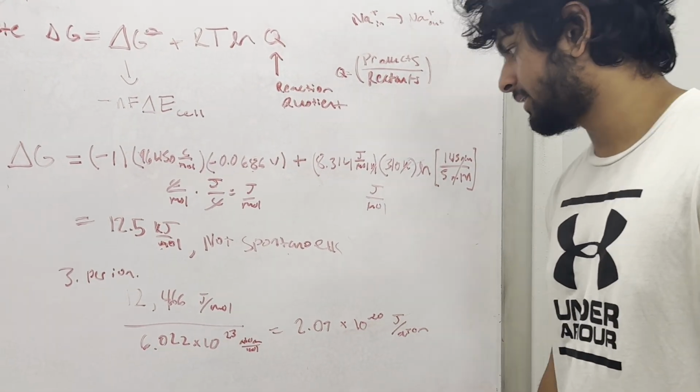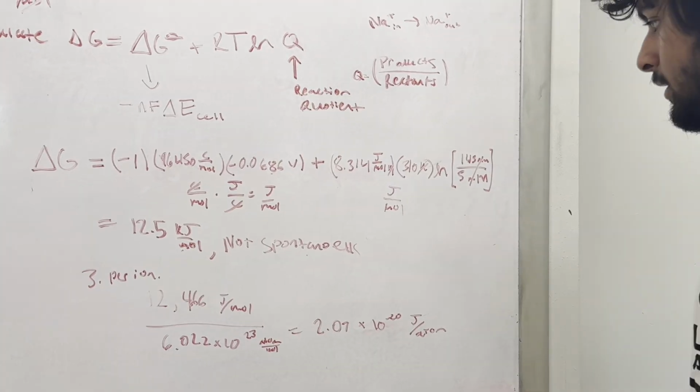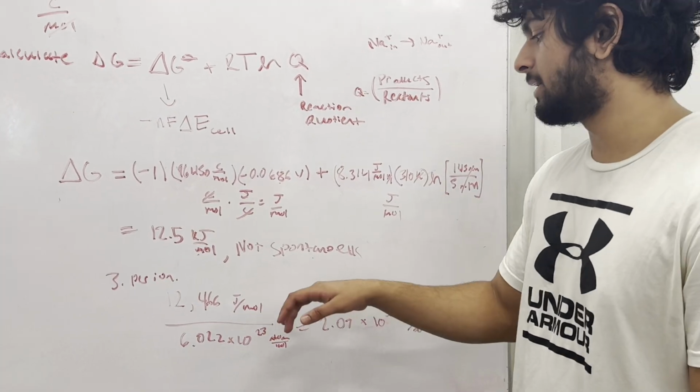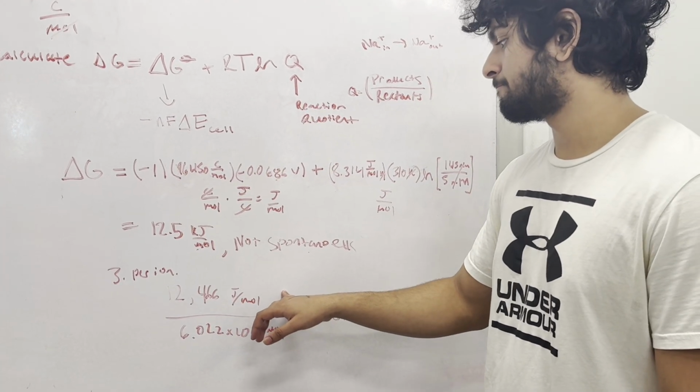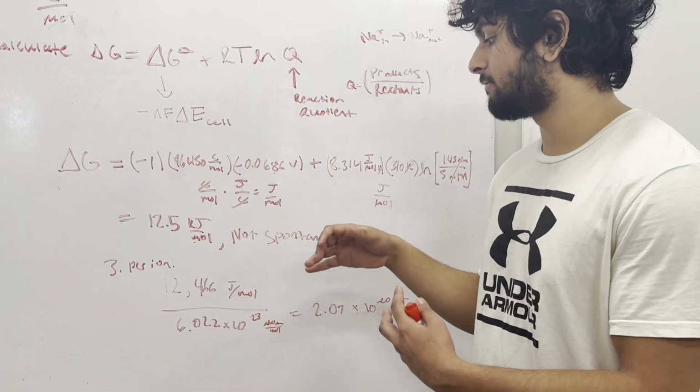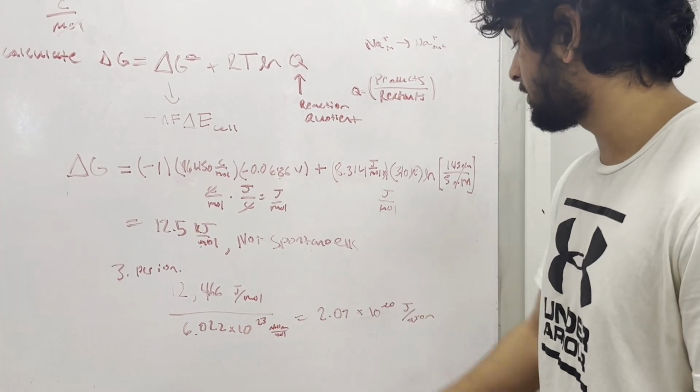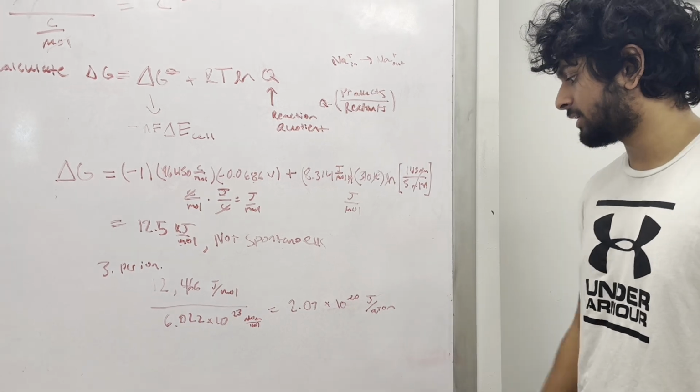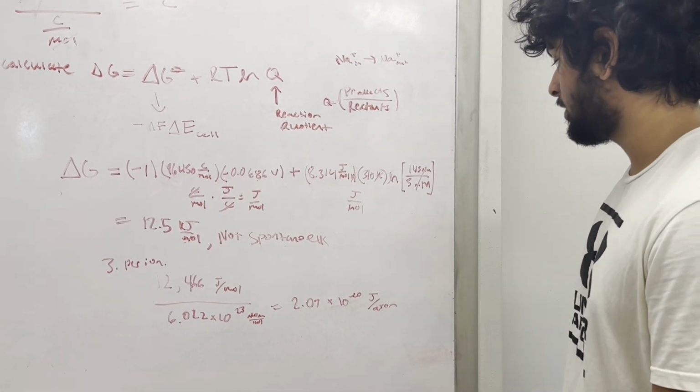And if we want to calculate the work done per ion, we just need to take the work done for a mole and divide that by Avogadro's number, which gets you 2.07 times 10 to the negative 20 joules per atom.